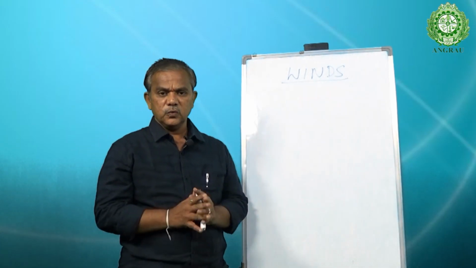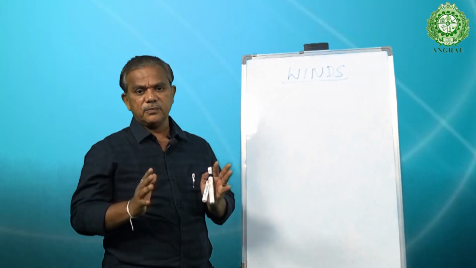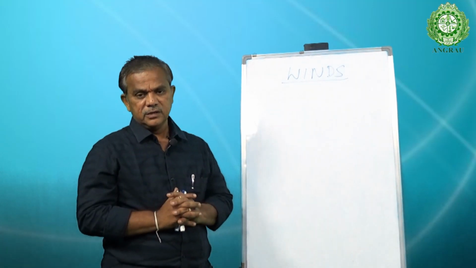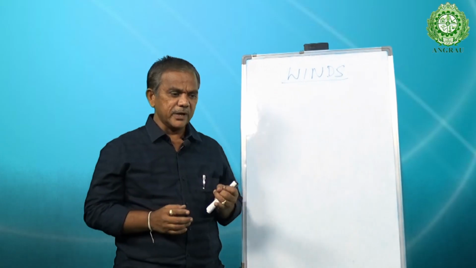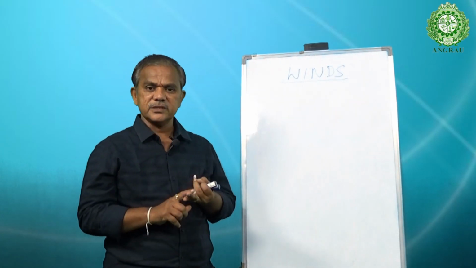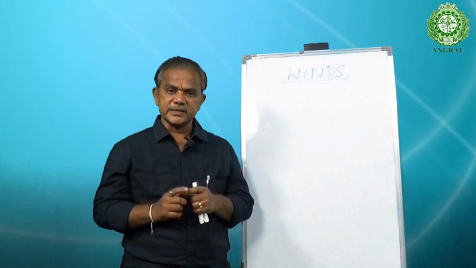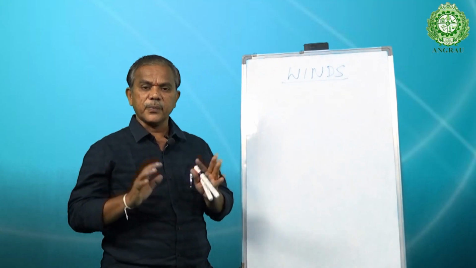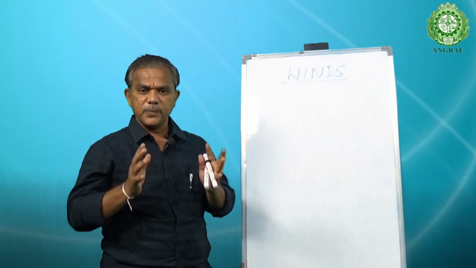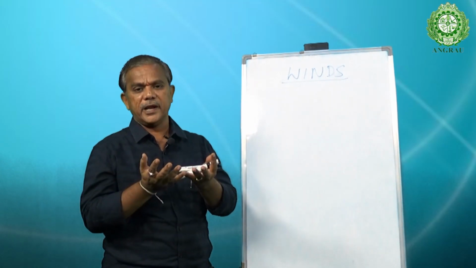Coming to the wind, winds can be categorized based on the scale of their travel. So winds can be conveniently classified as primary winds, secondary winds and tertiary winds. The primary winds can also be called planetary winds or prevailing winds. These planetary or prevailing winds move continuously over the entire planet.